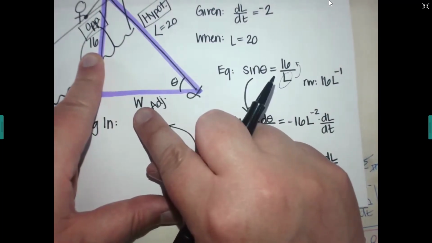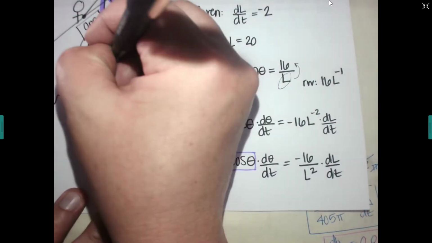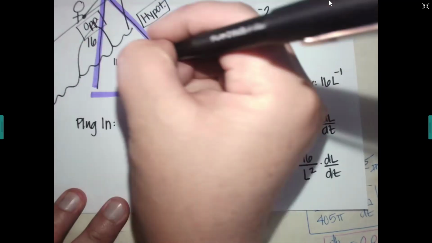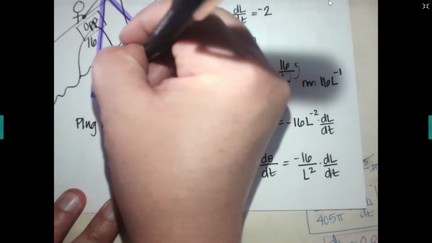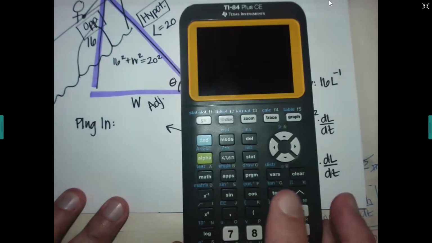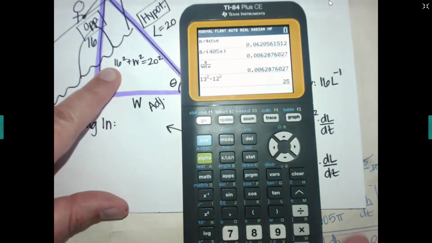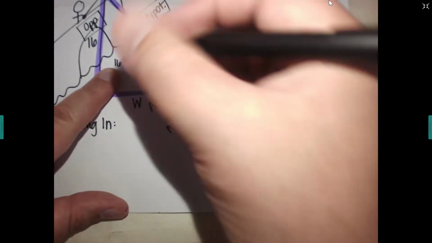So do a little quick Pythagorean theorem. It would be 16 squared plus W squared equals 20 squared. And remember, if I have opposite side numbers, I'm subtracting those and taking the square root. So 20 squared take away 16 squared is 144. What's my missing side? 12.